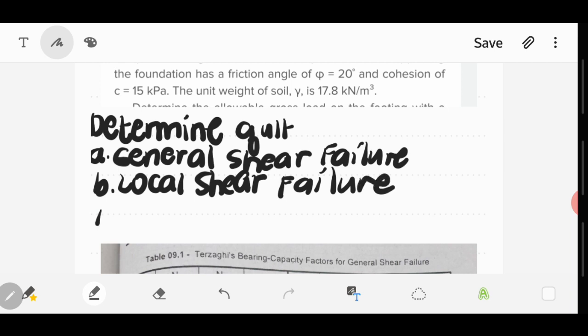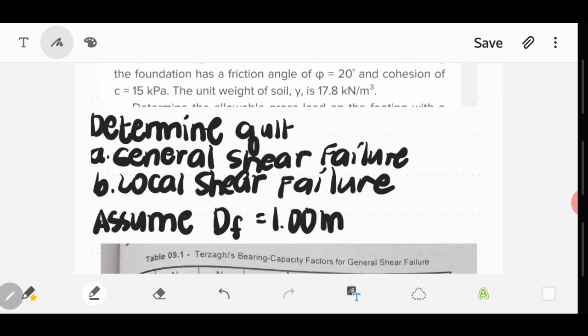Then assume that the depth of your footing is 1.00 meters from the top of the soil. And when we say depth of the footing, this means the bottom of the footing. So your depth is measured from the natural grade line.